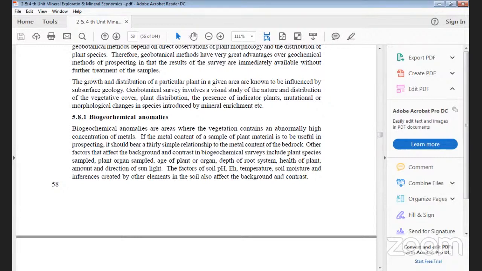Then, as per this, we can find out the pH, Eh, temperature, and the soil moisture, and these all influence the background values.